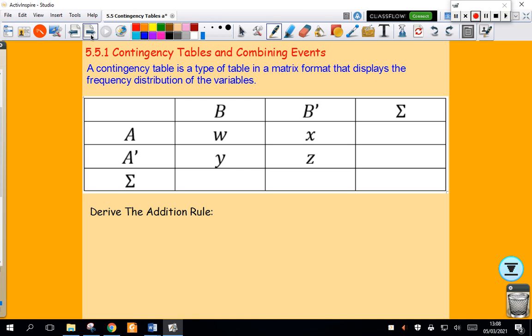I want to find the probability of A or B. And notice that's often written as the probability of A union B. What do I do?